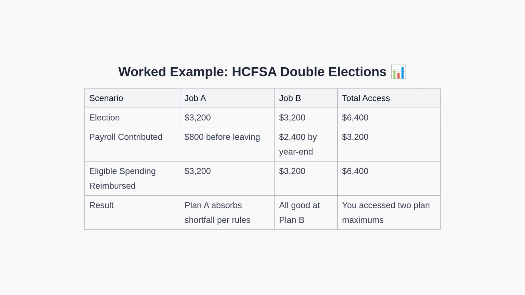At Job B, you elect another $3,200 and contribute and claim as usual. Across both plans, you accessed $6,400 of eligible reimbursements in 1 year. This illustrates how limits are effectively per plan. Always verify your plan rules and current year limits.